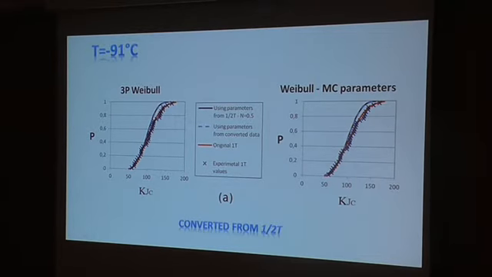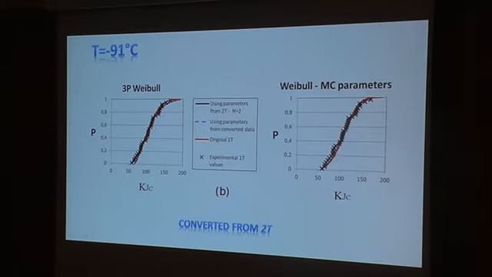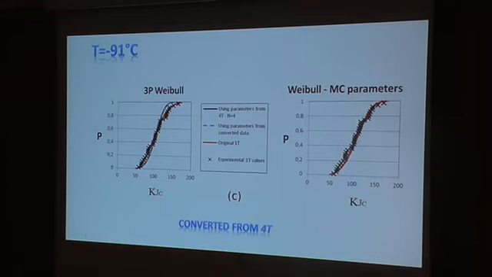This is for original half-T size. We have here more or less the same for original 2T size, and we have here from original 4T size. This is, I repeat, for T very close to T0, or that is at the beginning of the transition.